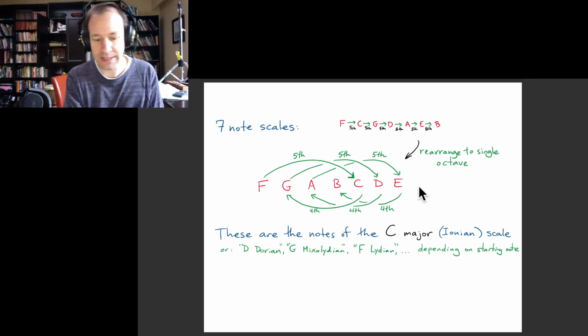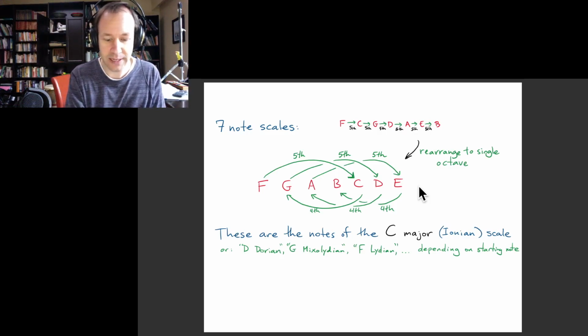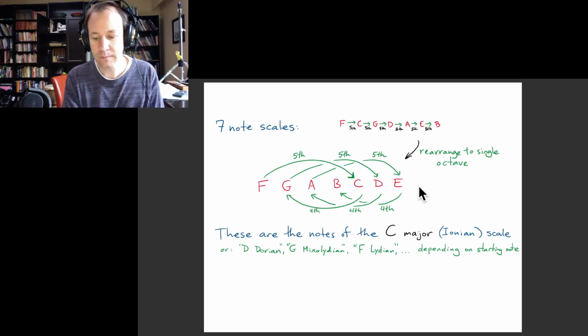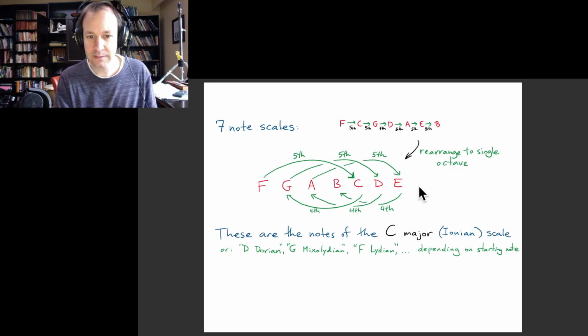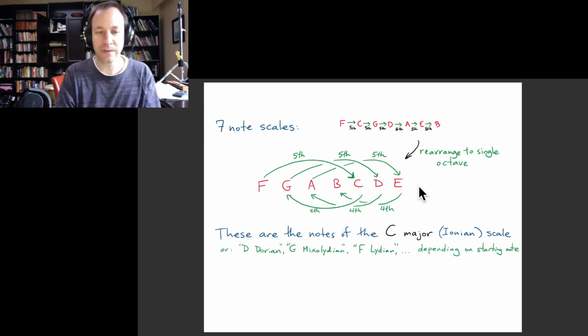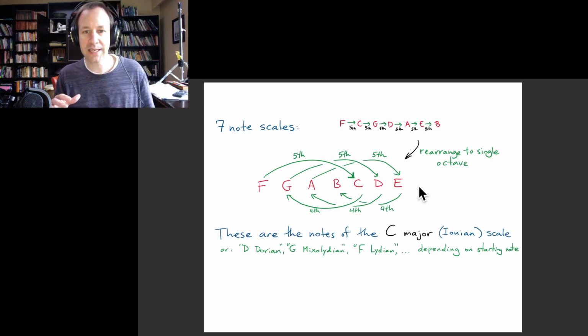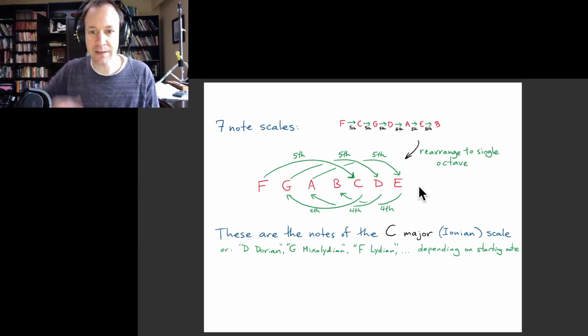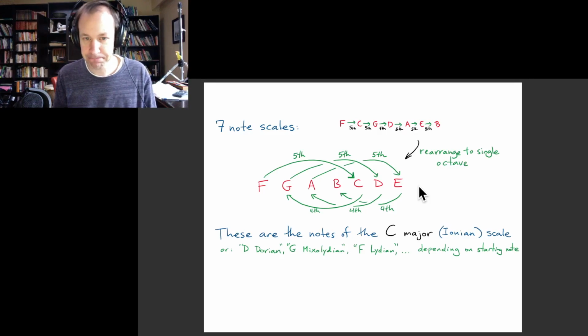The Ionian scale is the familiar major scale. But if you start on the D instead of the C, you get the Dorian scale. Or the G is the Mixolydian scale. So there are names for each of these different ways of playing it. People call those modes of this major scale.